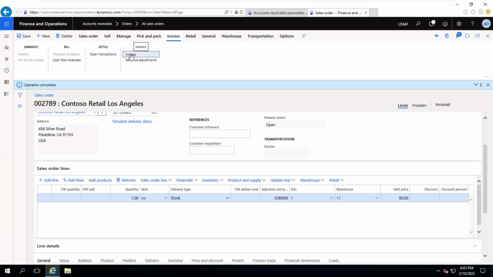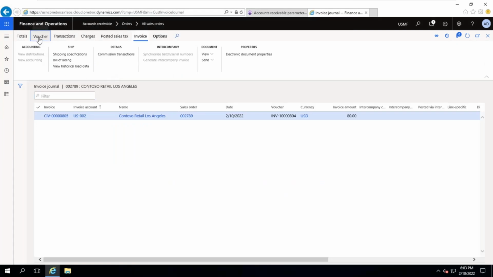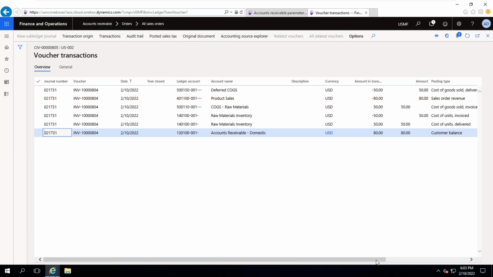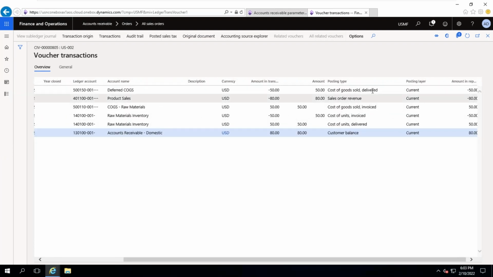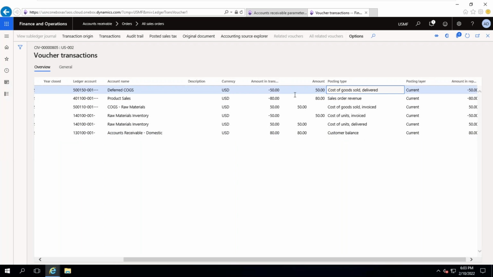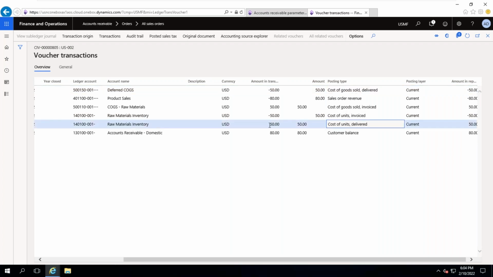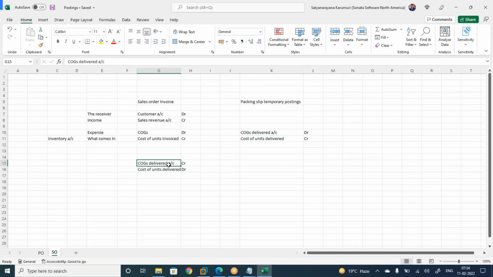Now if you verify the invoice and voucher, a total of 6 lines will be displayed. So delivered will be reversed. Cost of goods delivered, earlier it was debited, now it is credited. And cost of units delivered, earlier it was credited, now it is debited.